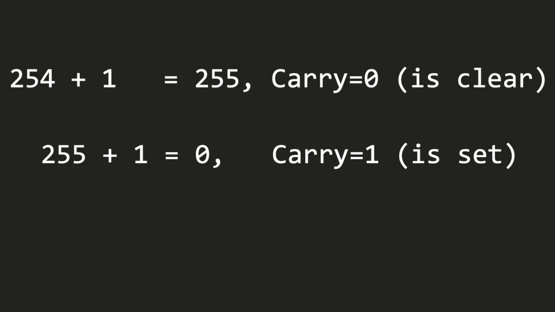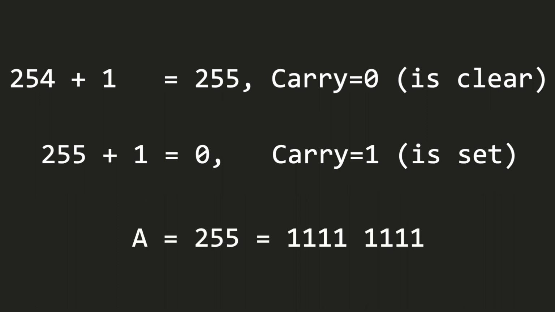In adding two numbers together, if the resulting value is larger than 255, the A register can't properly represent that value because it's only 8 bits. However, by checking the status of the carry flag, you can determine whether or not the result of that operation was larger than 255 and carry out your logic accordingly, including doing things like 16 and 24-bit mathematics.